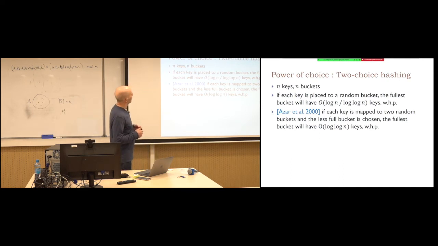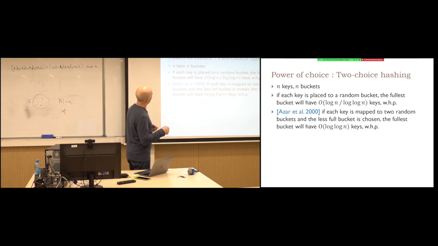So assume we have n keys and n buckets, and we distribute keys randomly to the buckets. The question is, what will be the fullest bucket? Probability theory has some analysis that tells us that the fullest bucket will be of size log n, or more precisely log n over log log n.